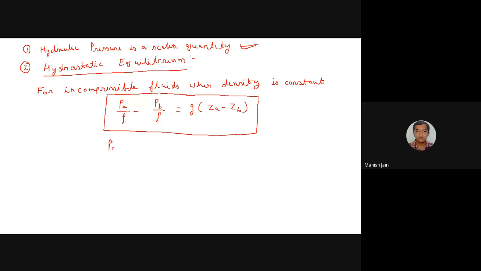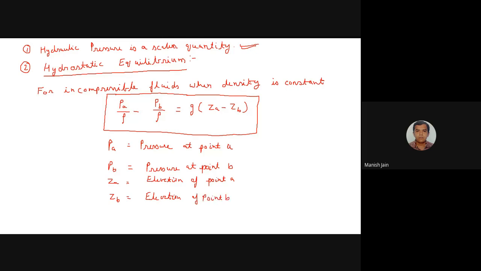Okay, so Pa is the pressure at point A, Pb is the pressure at point B, ZA is the elevation of point A. ZB is the elevation of point B. Then rho is the density of fluid.